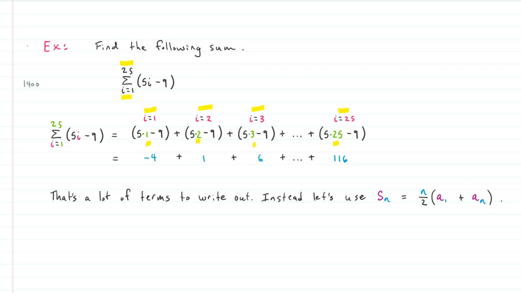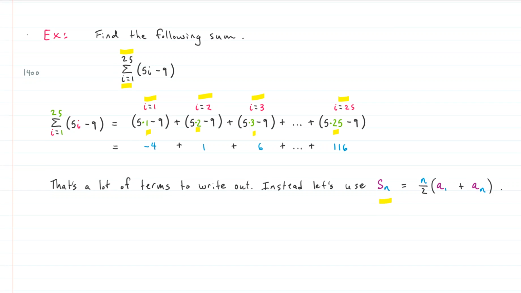We could use the nth partial sum formula that we just learned. We have everything we need, actually. We have the first term, and we have the last term. And we have n, because n is 25. So let's try this.